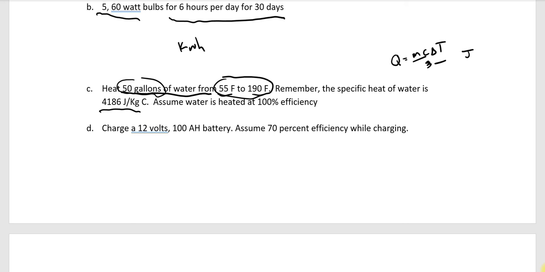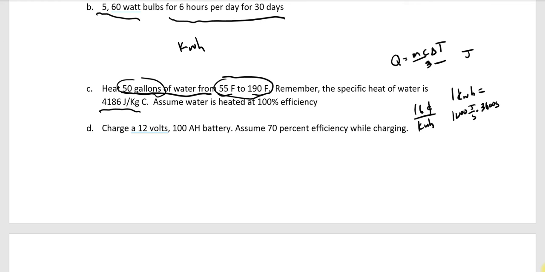Now, remember the 16 cents per kilowatt hour? You can convert kilowatt hours back to joules, using the following. So 1 kilowatt hour is, kilo means 1,000. Watt is a joule per second, and an hour is 3,600 seconds.